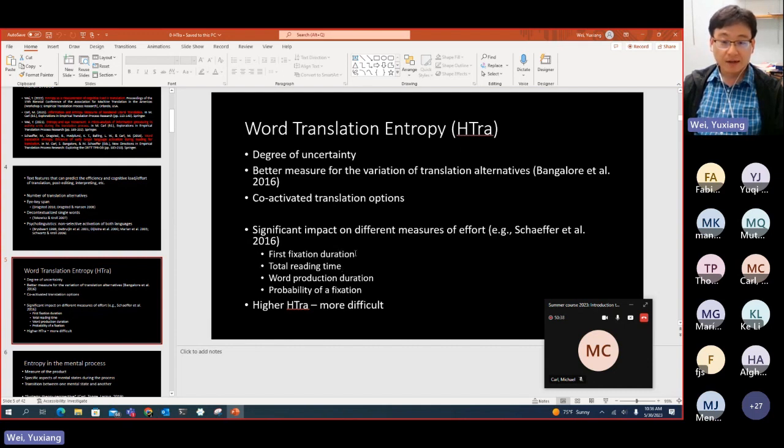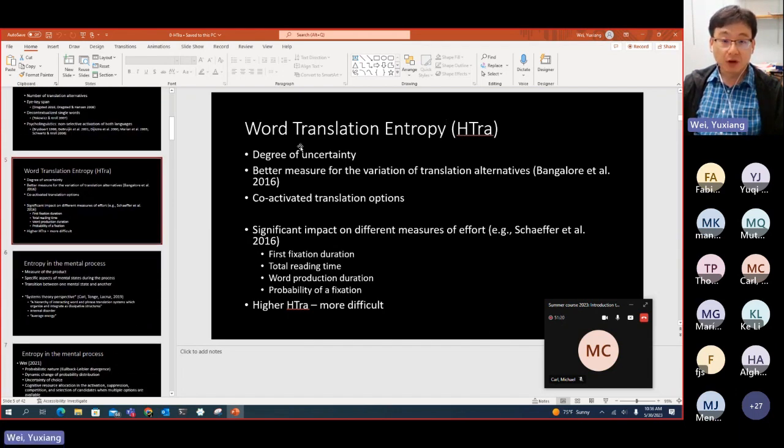First fixation duration is indicative of some of the early processes in the cognitive mechanism, and total reading time would involve some of the late processes in addition to these early processes. Word production duration is simply temporal. It's just a time interval. This also is longer when the HTra is larger. So in very simple terms, a higher HTra value indicates more effort and is therefore generally considered more difficult to translate.